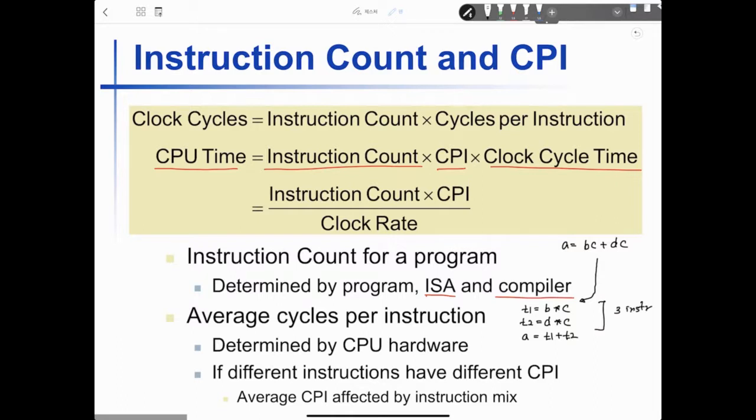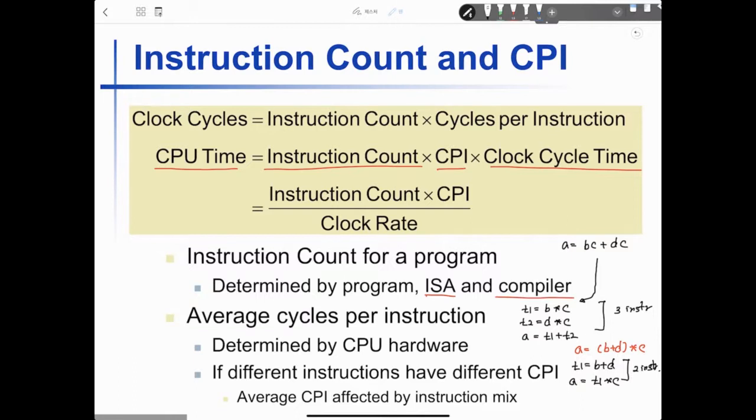The other one is we can change this program to A equal B plus D, multiplied by C. So in that case, T1 is B plus D, A equal T1 times C. So in this case, we need 2 instructions.